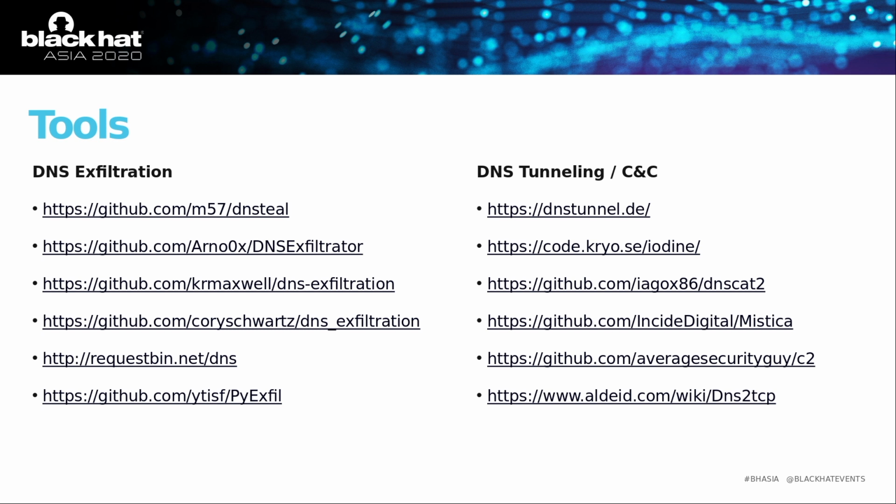And then on the tunneling and command and control side, we have, for example, iodine or dnscat2. Just to mention iodine, for example, Palo Alto Firewall has a specific signature to detect iodine traffic.